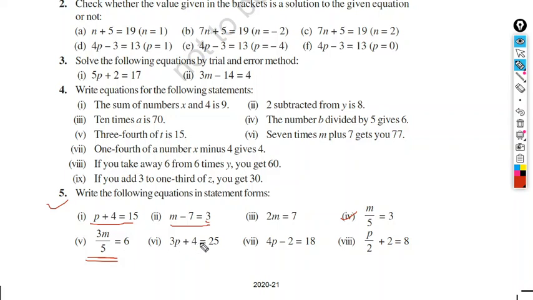Similarly, 3p plus 4 equal to 25. Similar thing is here. 3 times p is added to 4 to give 25. Okay, we'll do it now here. p by 2 plus 2 equal to 8. 1 by 2 times p is added to 2 to get 8. Okay, question number 5 is done.